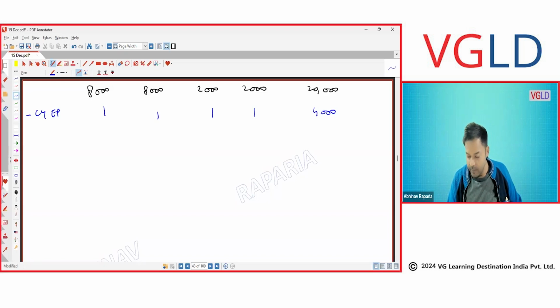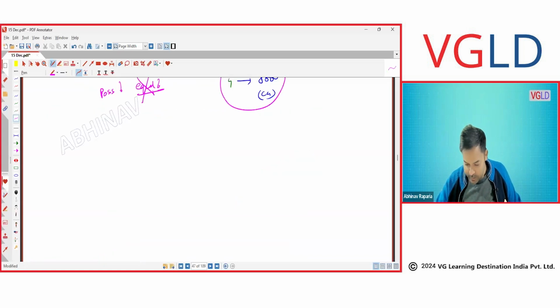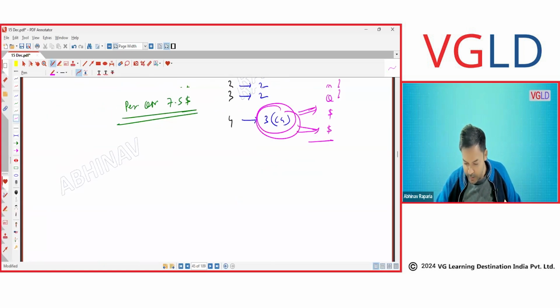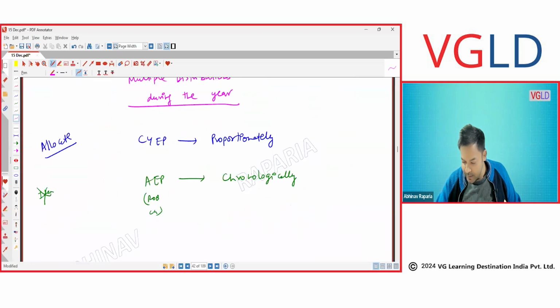Shalini, Reena, guys, Ashraf? No. I told you guys that it is going to be proportionately, but proportionately does not mean period wise.